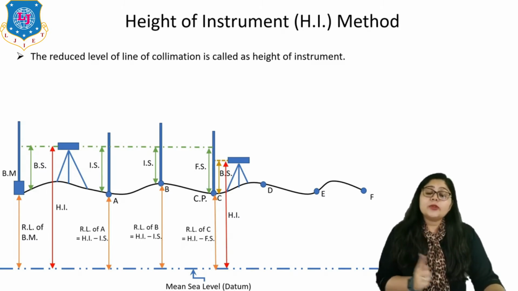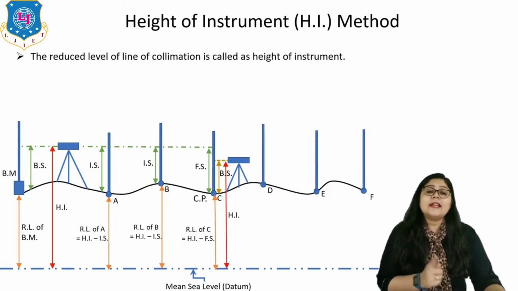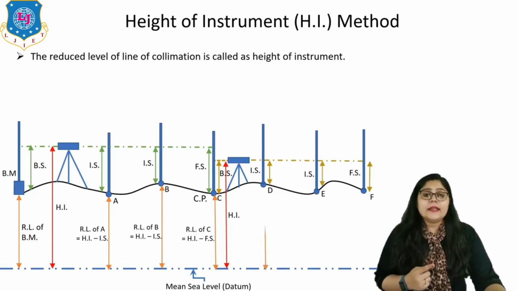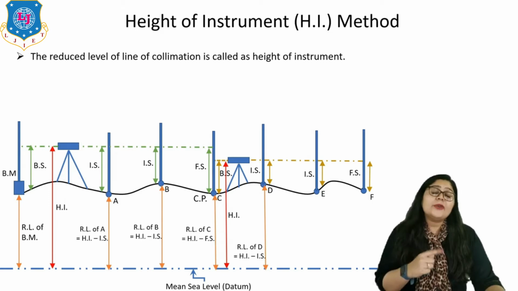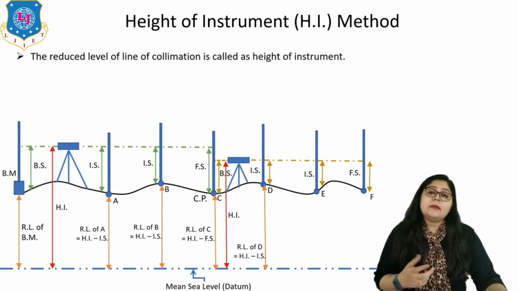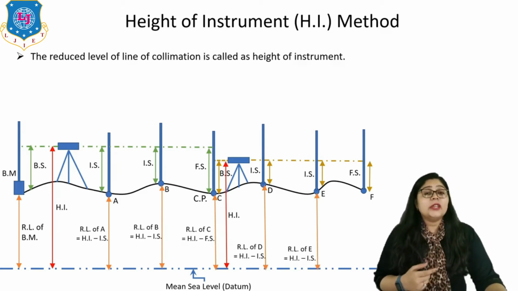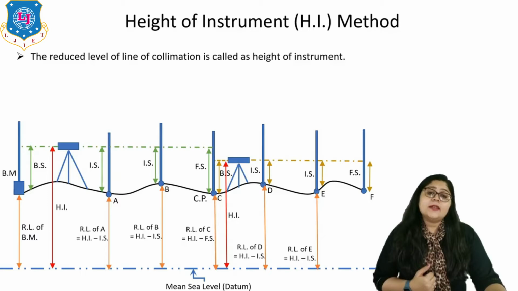Then the process is the same: the next points will act as IS and FS, and simultaneously, to calculate the RL of station D, it is HI minus IS, RL of station E is HI minus IS, and lastly RL of station F is HI minus FS.